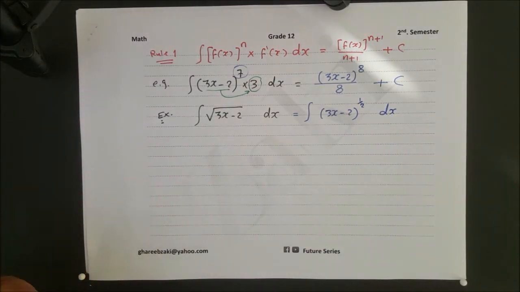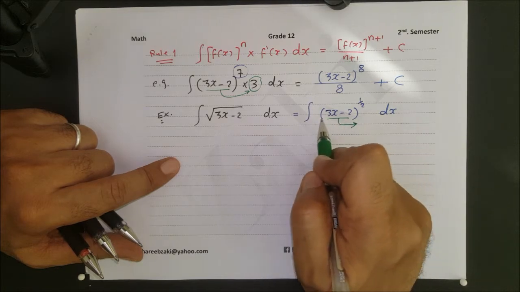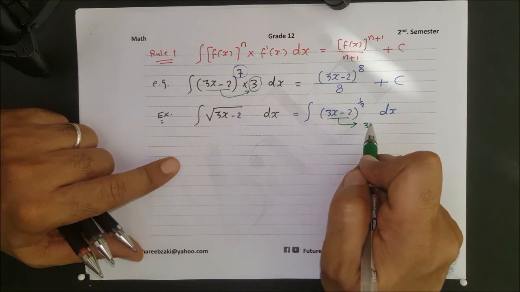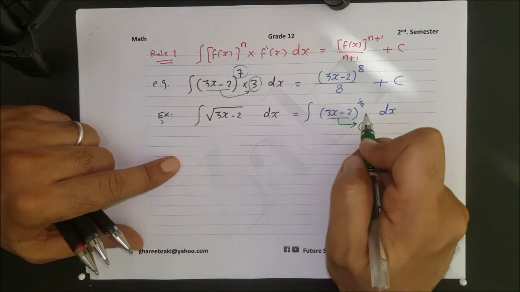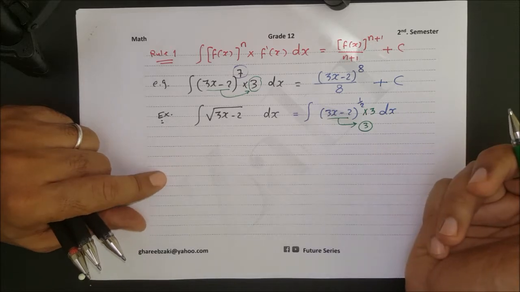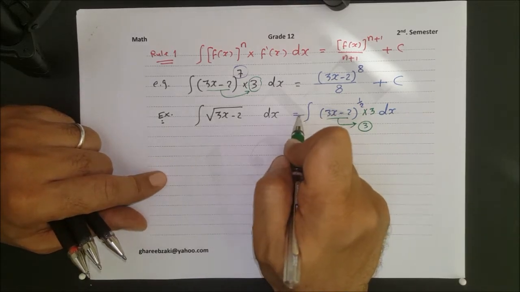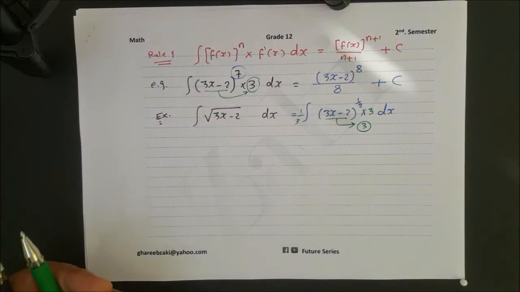The second step: what is the derivative of the inside bracket? The derivative of 3x minus 2 is 3. But we don't have 3. So we can multiply by 3. But now we change the question. If we divide outside by 3, it means we multiply by 1. So no change of the question.